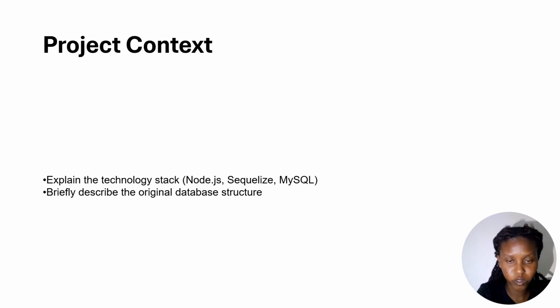About the project context, you explain the technology stack. For me, I was using a database, so I had to define the stack using Node.js, SQLite, and MySQL, and also briefly describe the original structure of my database.